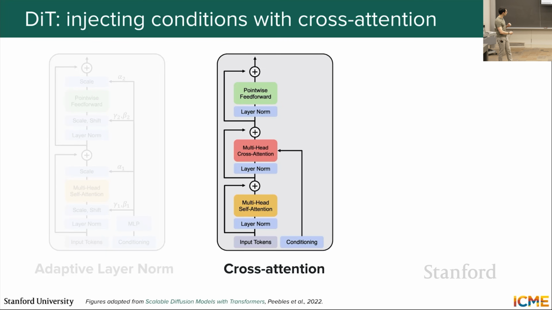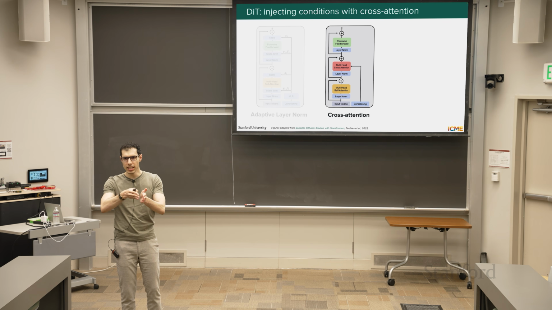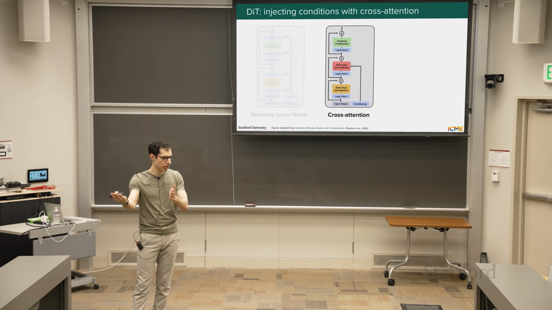The second method is to say, OK, you have your external signals. What you can do is to have an extra step in your transformer block, where you let the tokens representing the image latent interact with the time step and the label embedding via cross-attention.